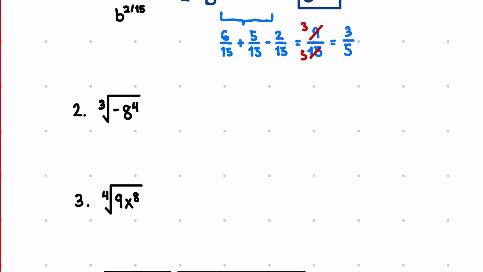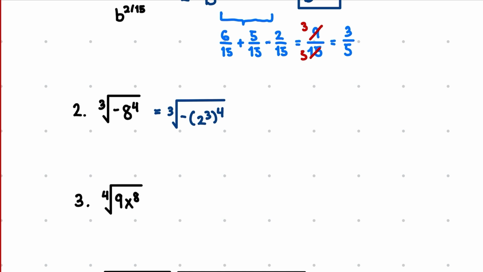To solve this one, what slick move we can do is take note that 8 is equal to 2 cubed. So we can write this one as negative 2 cubed raised to 4, right?